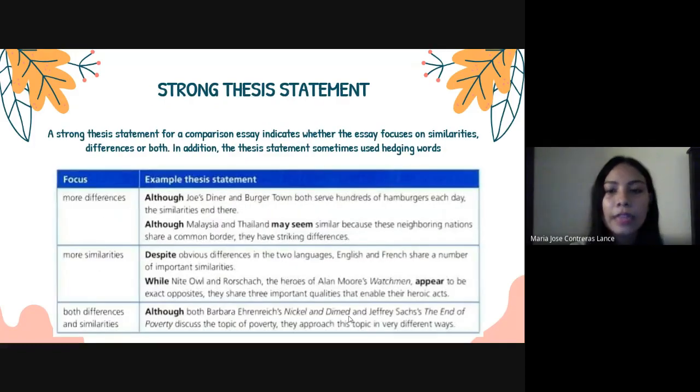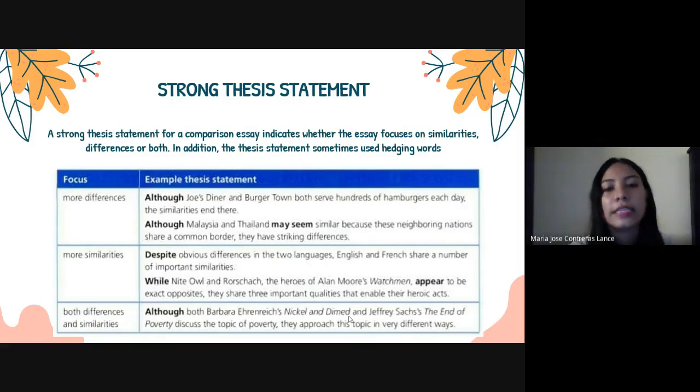Okay, now let's talk about a strong thesis statement. A strong thesis statement for a comparison essay indicates whether the essay focuses on differences or similarities or both.